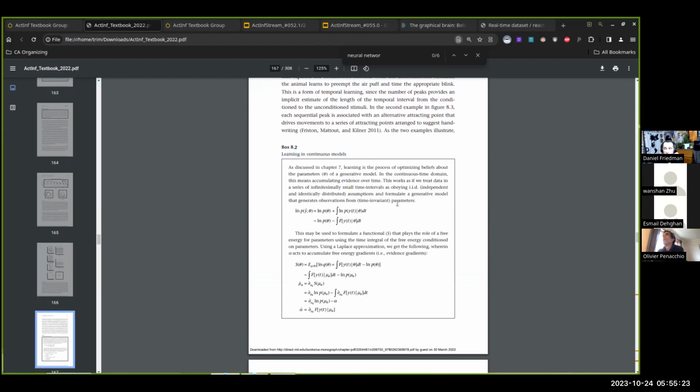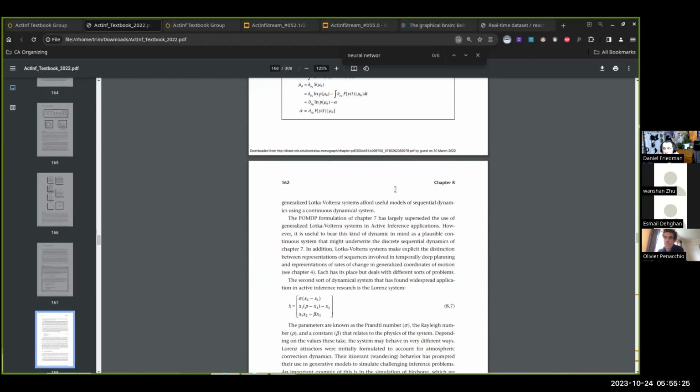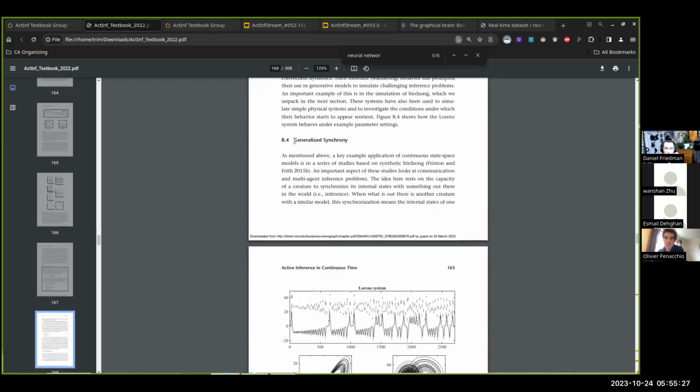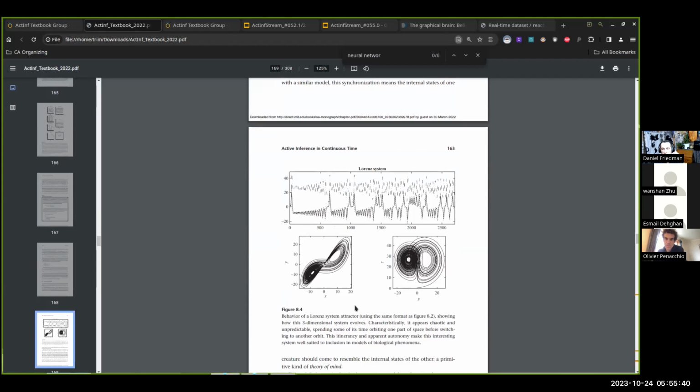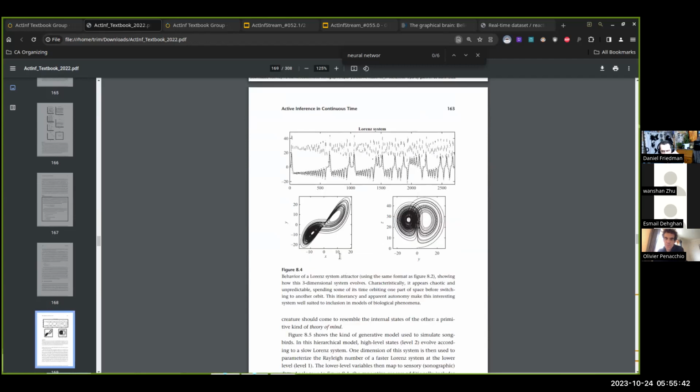Learning in continuous models. Generalized synchrony. You could also think about this in a discrete time setting, but it works really nicely in continuous time too. This was the specifically coupled Lorenz system, explored more in livestream 34 on stochastic chaos and Markov blankets.